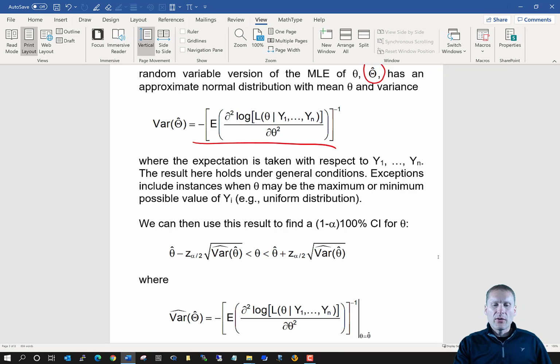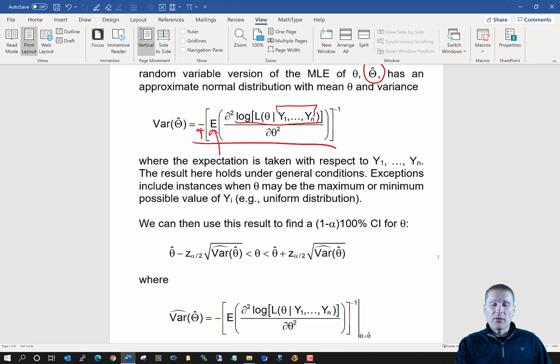So there are some components here. Obviously, we have a negative out in front of it, but we also have this E here. This E corresponds to taking an expected value, like what we've seen previously. And here's my log likelihood function, so it's a function of theta given my data. But notice here I'm using the capital Y's, and this expected value is going to be taken with respect to the Y's.